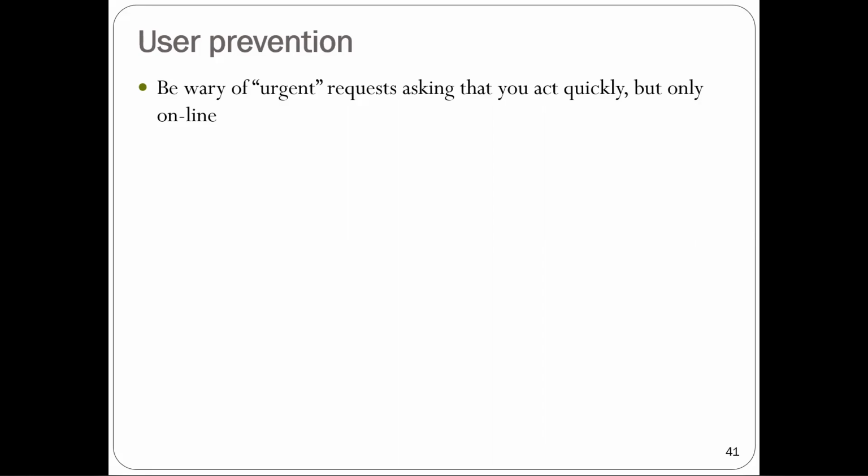Well, the first thing is to be wary of urgent requests asking you to do something, but only to do something online. It's like, hey, I am in a meeting right now. Can you do this without calling me? That's one of the lures. It's like, hey, I need this done right now. I'm in a meeting, so I'm only available via electronic communication. And of course, that keeps you and the adversary connected without you trying to validate through a different channel that this request was legitimate.